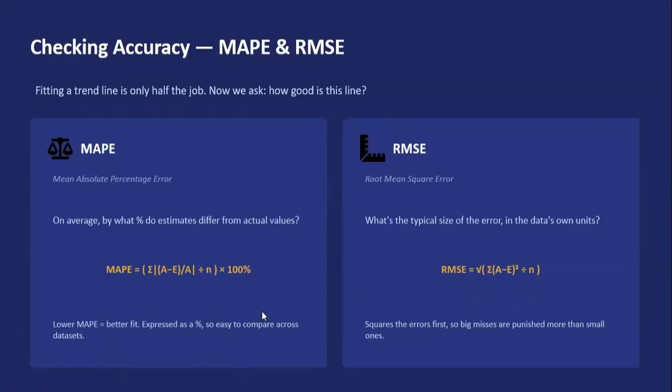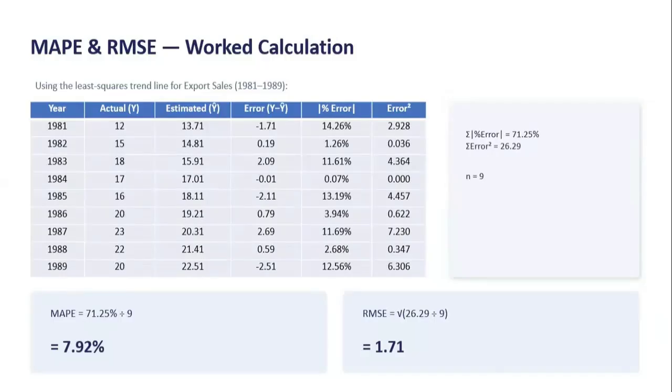MAPE is like grading on a curve in percentage form, RMSE is grading in real units: rupees, kg, tons. Which one do you think matters more for something like weather forecasting? Comment your guess.